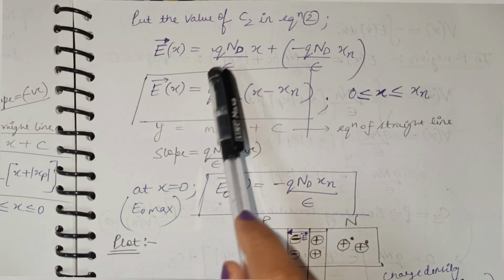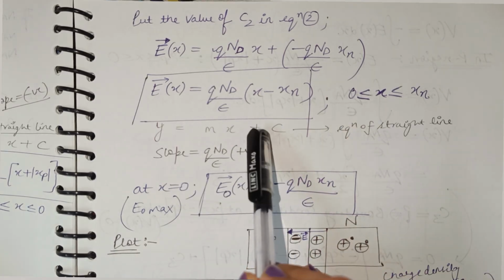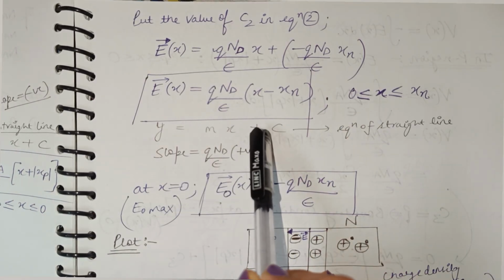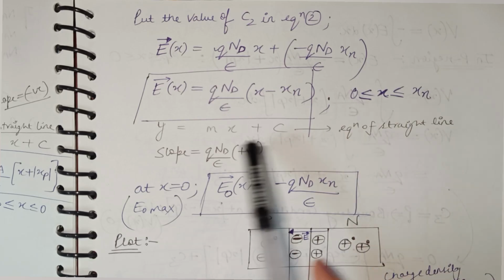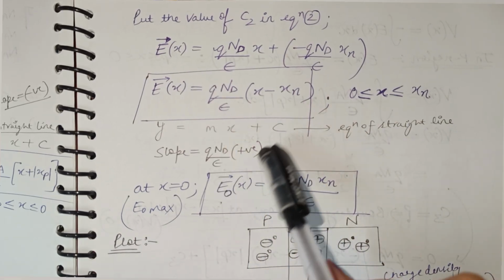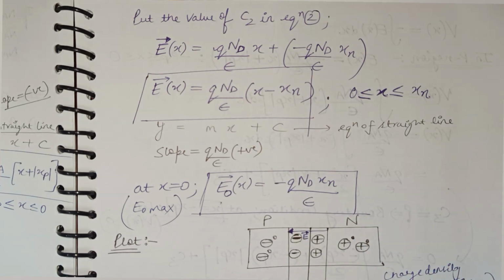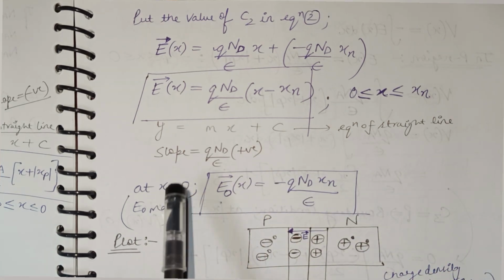Put the value of C2 in equation 2, which we have written as Ex is equal to qNd x by epsilon plus C2, and then you will get this formula. This is from 0 to xn. So this is also like an equation of a straight line. Here you will get the slope also, which is qNd by epsilon, and also you can get the maximum electric field when you put x is equal to 0.